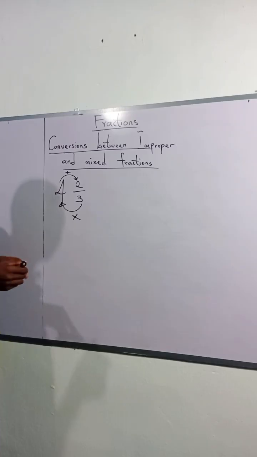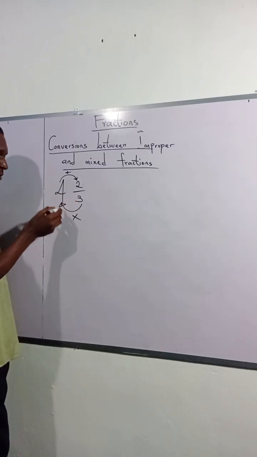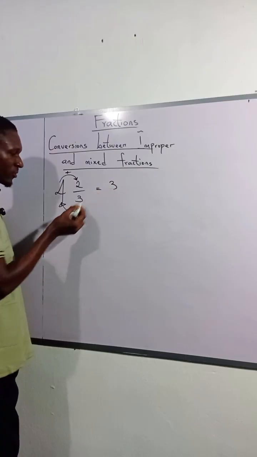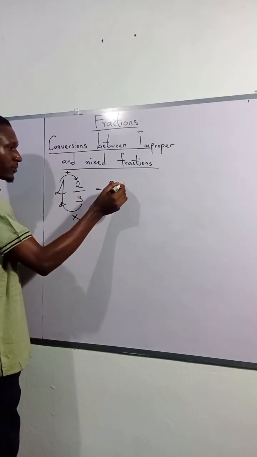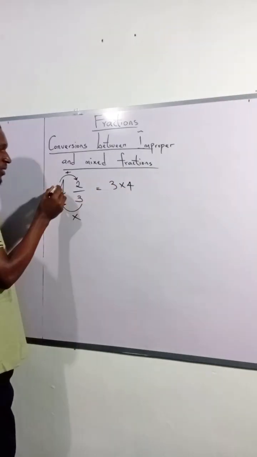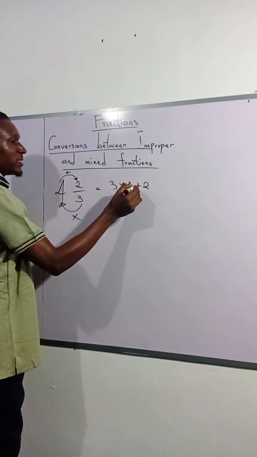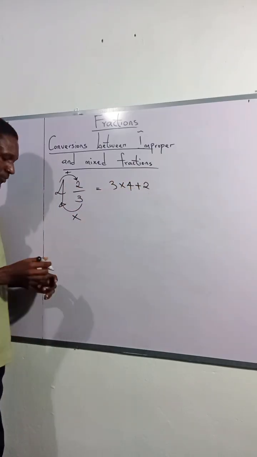Do you get what I'm saying? What you do is 3 times 4 plus 2. This is the first thing you do.